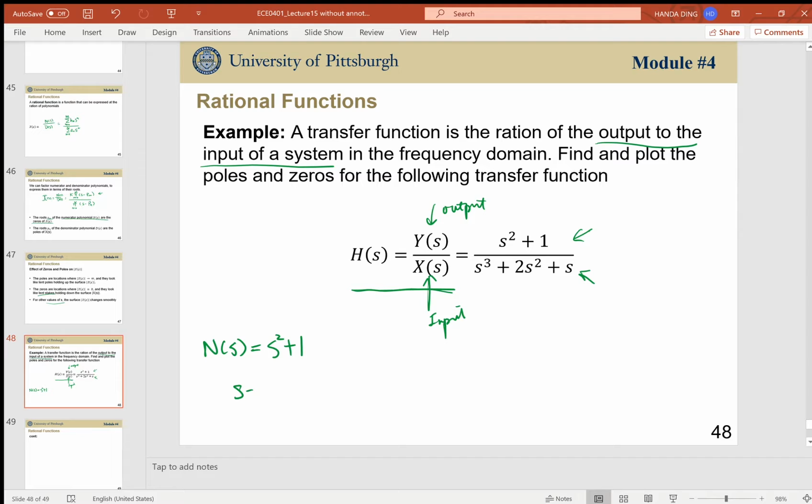So your s is nothing more than plus or minus j. So what are the zeros? We have two zeros, right? The first zero will be the positive j, and the other one will be the minus j, on two directions of your complex plane. So to write specifically, the first zero will be j, the second zero will be minus j. All right, that should be simple enough.